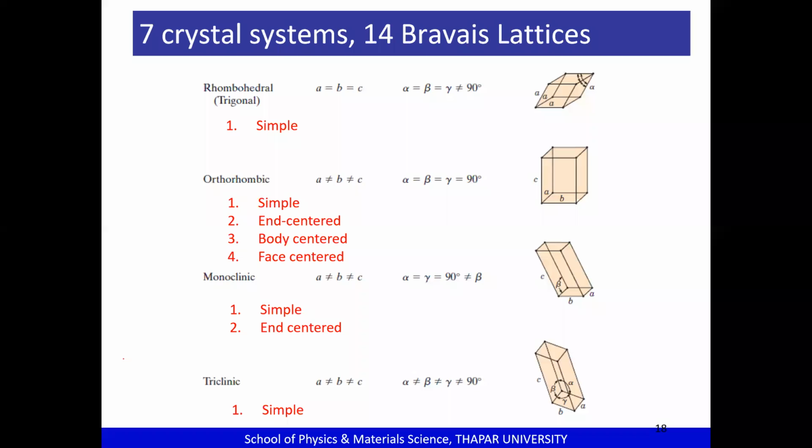Out of those 28, only 14 Bravais lattices exist because the remaining ones either represent another simpler geometry with fewer lattice points, or they do not maintain periodicity of the lattice in 3D. So for either of these two reasons, we have only 14 different Bravais lattices belonging to 7 crystal classes.